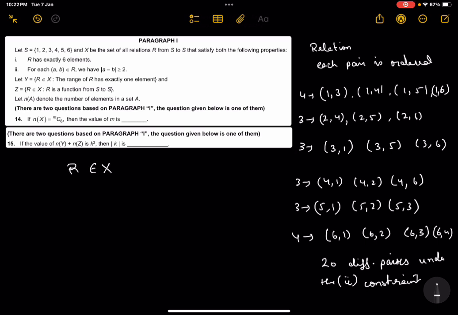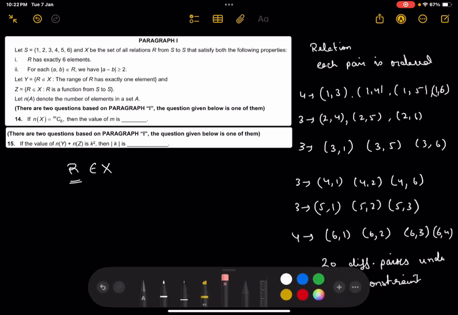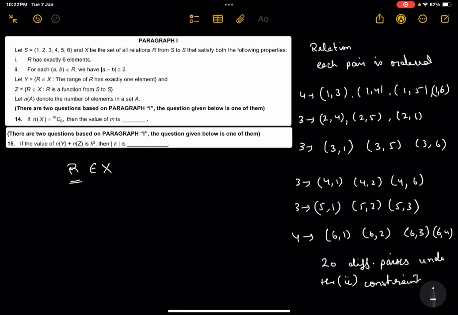So that gives us the different number of R. The total number of possible R's is simply the total number of distinct ways to choose 6 elements from these 20 pairs, 6 different pairs from these 20. That we know is the standard result. So the number of R is equal to 20 C 6.